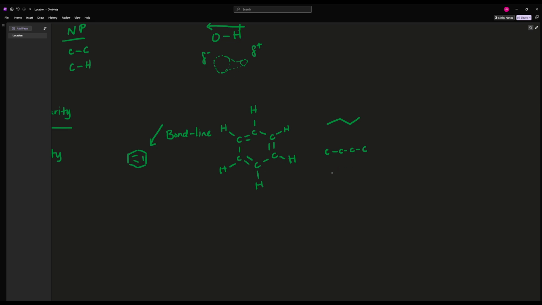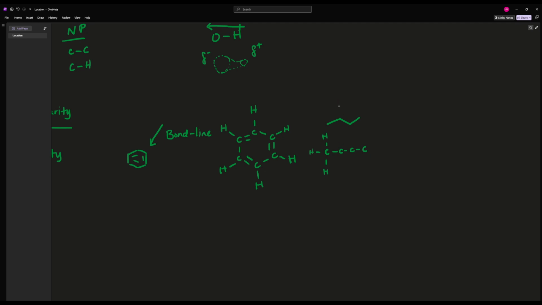Now, because we know that carbon must form 4 bonds, but we've only drawn 1 bond, all other bonds must be taken up by hydrogen. So this carbon at the end has 1 bond explicitly drawn. Well, we know it needs 4, and 4 minus 1 is 3. So that means this guy is attached to 3 hydrogens.